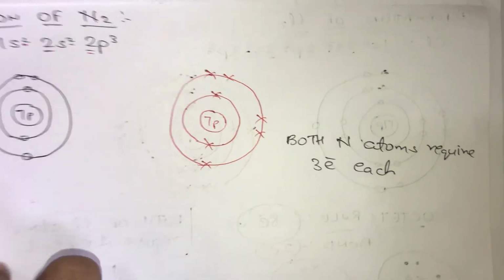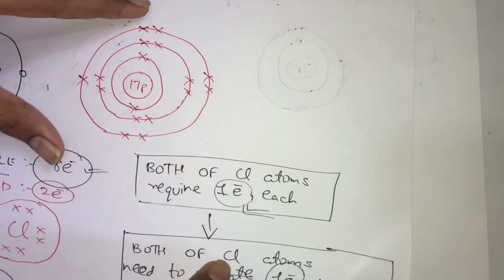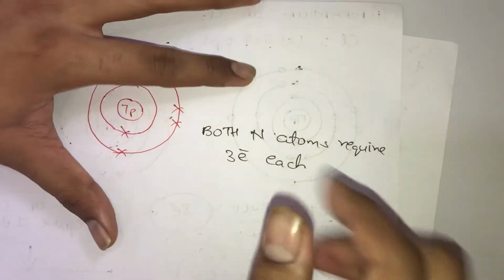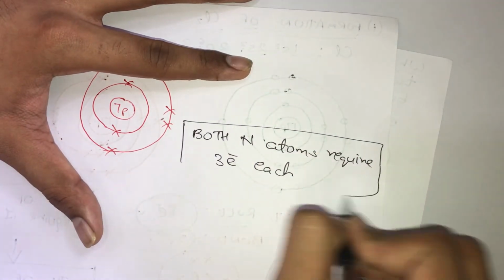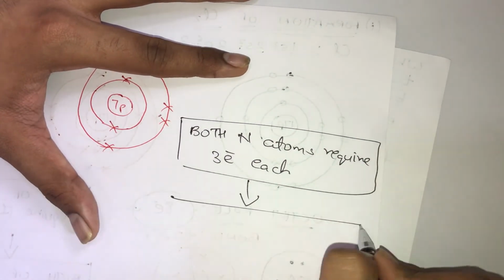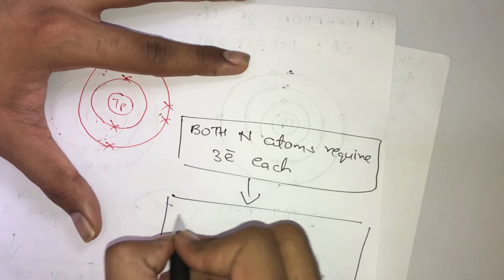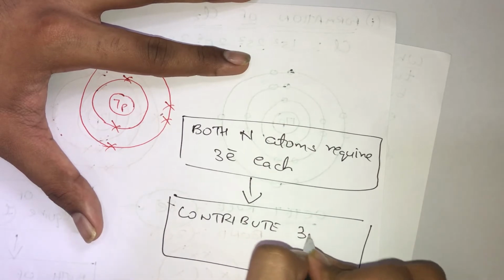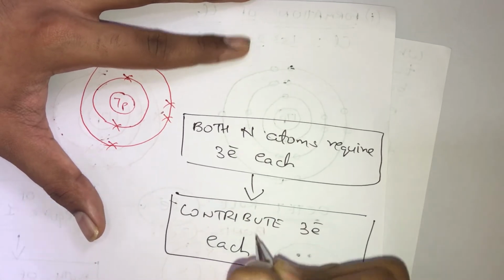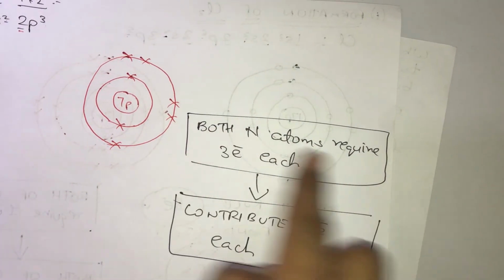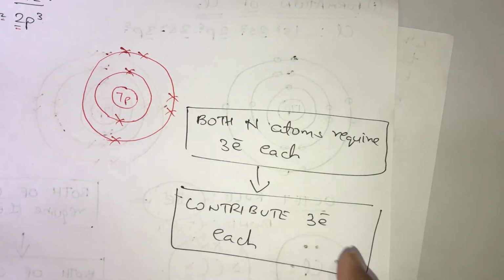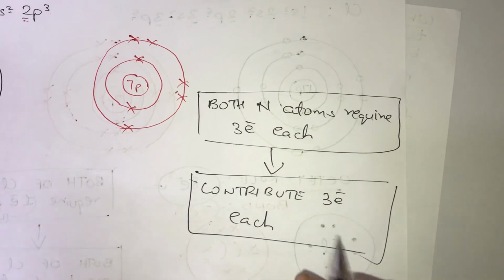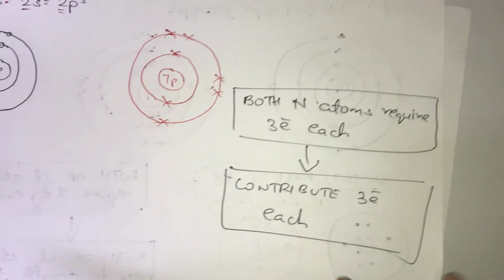Now, as I mentioned earlier, since both the nitrogen atoms require 3 electrons each, both the nitrogen atoms have to contribute 3 electrons each for the formation of a covalent bond.